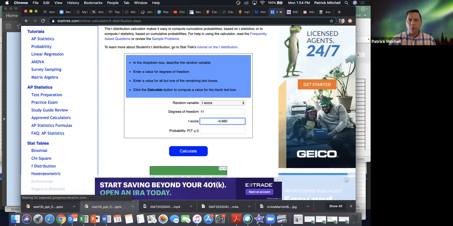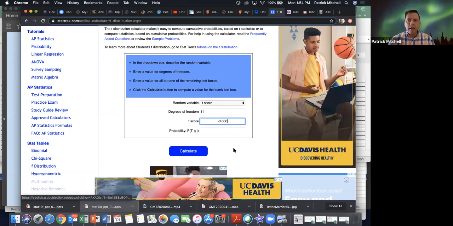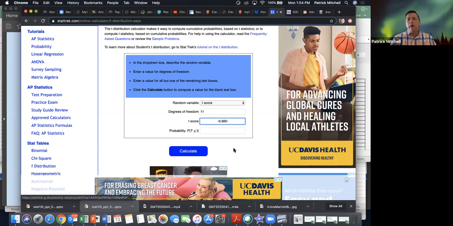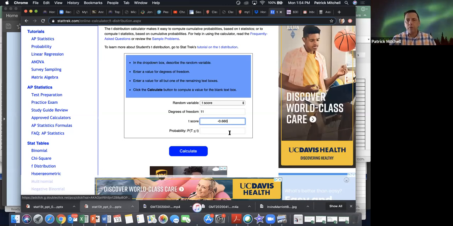Okay, but I want to point out before I hit calculate that the value that's going to come up in the box below that is going to be only the area to the left of 0.660. So if you picture my drawing a minute ago, it would be only the red shaded area on the left. Okay? So what I'm going to do to get my p-value is I'm going to double whatever the value is that comes up here. So I hit calculate.